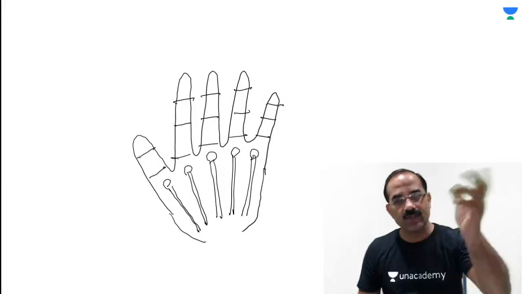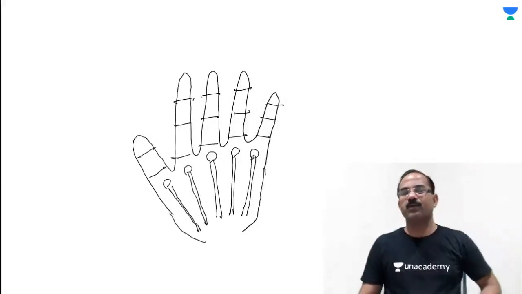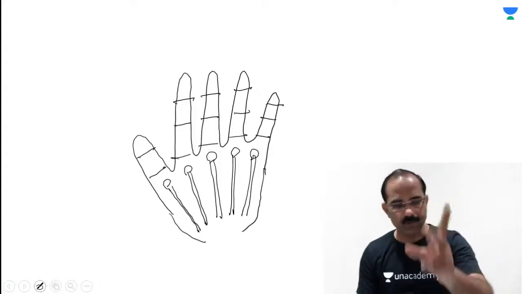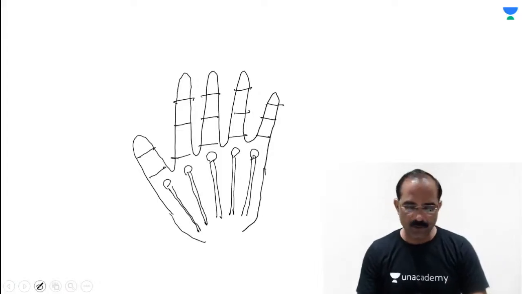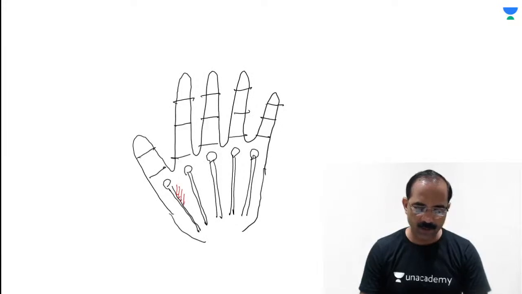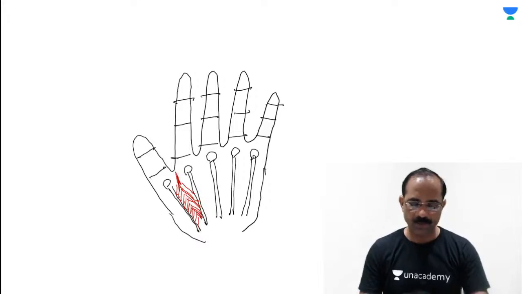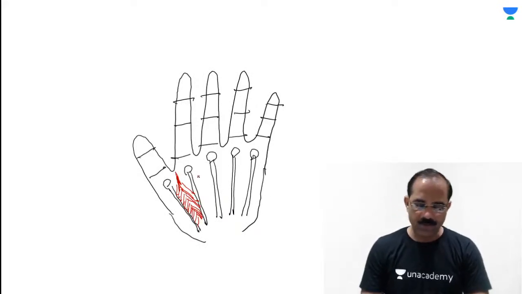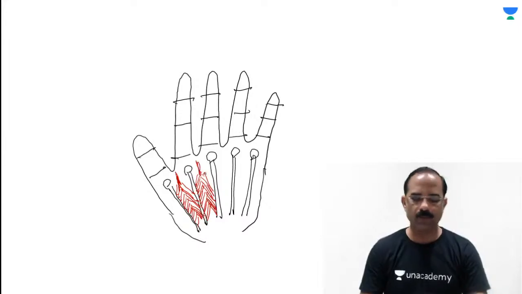Now, the dorsal interossei are said to be bipinnate muscles. What is bipinnate? That means the dorsal interossei arise from two bones. Look, the first dorsal interossei arises from the medial aspect of the first metacarpal bone and the lateral aspect of the second metacarpal bone. The second dorsal interossei arises from the medial aspect of the second and the lateral aspect of the third metacarpal bone.